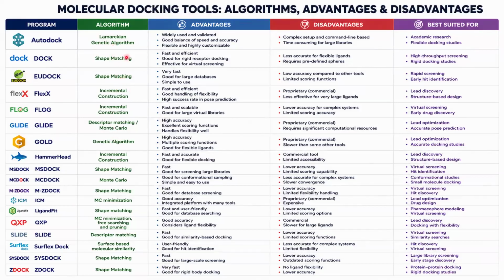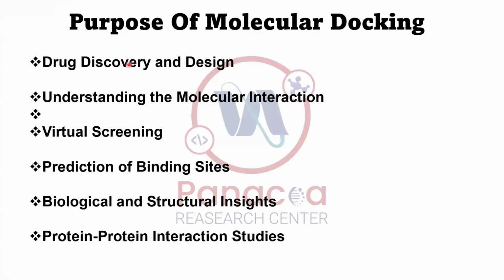Okay, this is very important. If the reviewer asks you to change the algorithm for molecular docking, then you can easily get the point. But if you do not know the algorithm of your tools, then you will get stuck on reviewer questions.